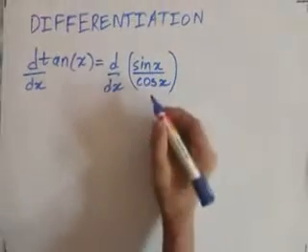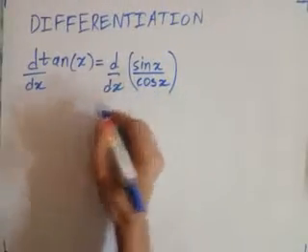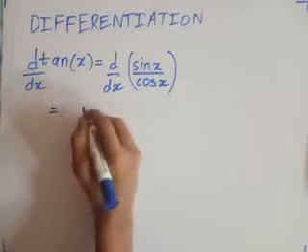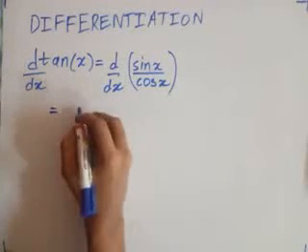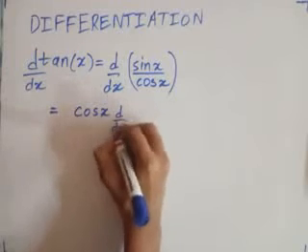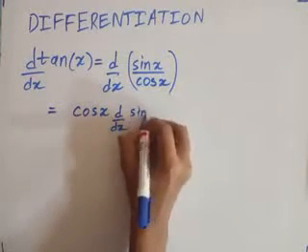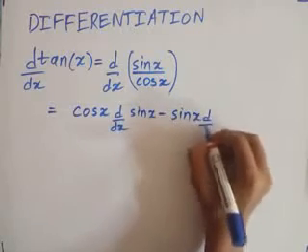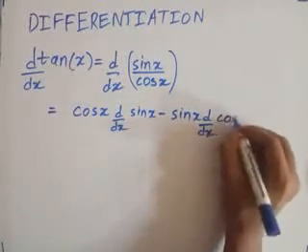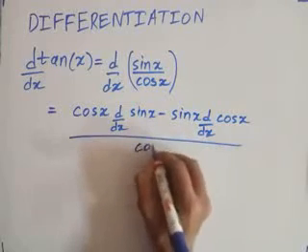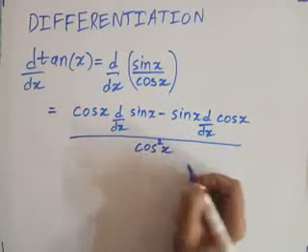Now, because of our previous knowledge of the quotient rule, we can directly apply it here and rewrite this as, so if you remember, it was low d high minus high d low, so the derivative of cos x, and this entire thing divided by low square, so in this case cos square of x.